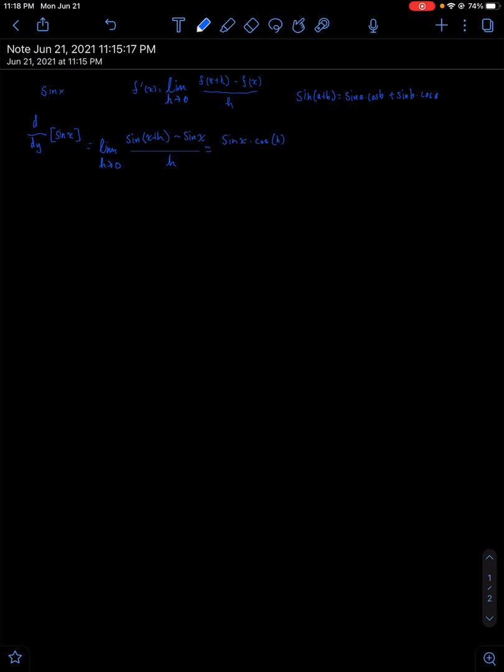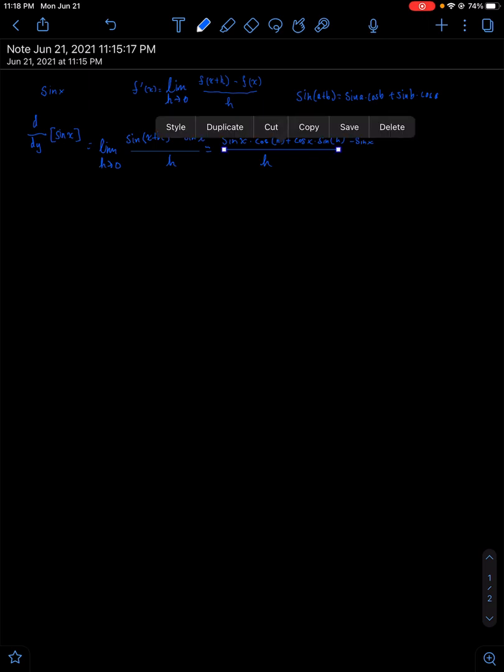Notice that I put the h in parentheses because cosh is actually a hyperbolic trig function, and it's not the same thing as cosine of h. So these are not equal. Plus cosine of x times sine of h, over h. Minus sine of x.